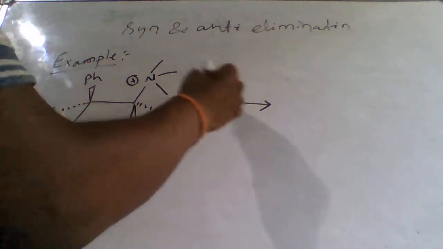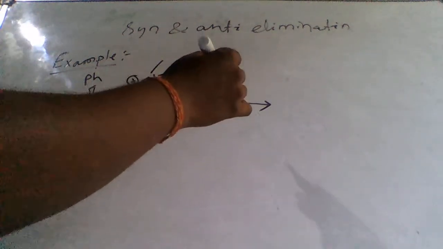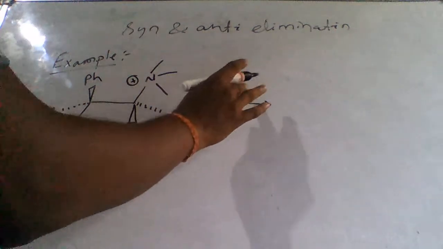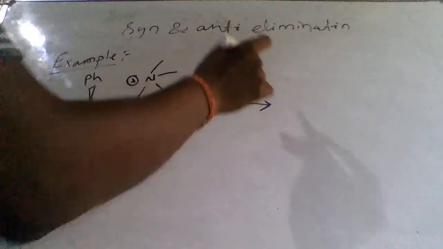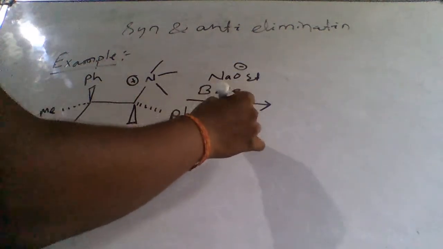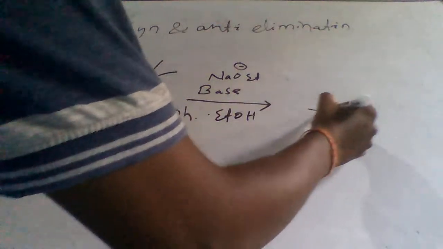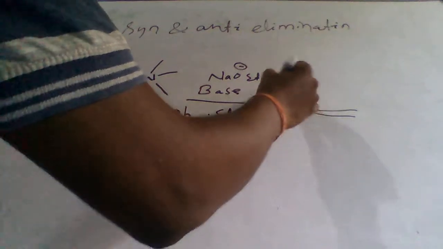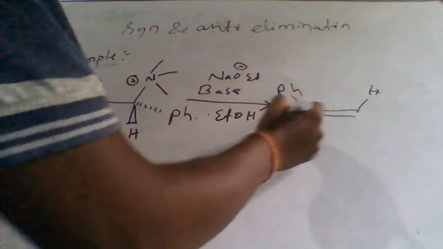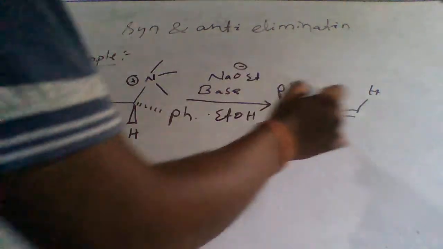And when treated with base like sodium ethoxide and ethanol, it will give this alkene, where the phenyl and H are on the same side, and methyl and phenyl are on the same side.